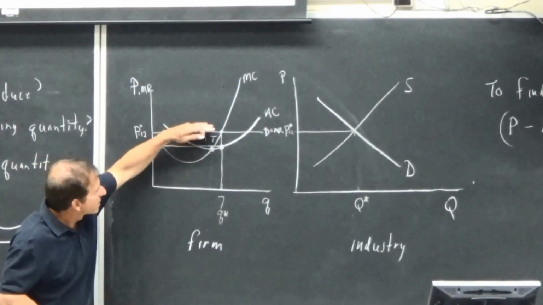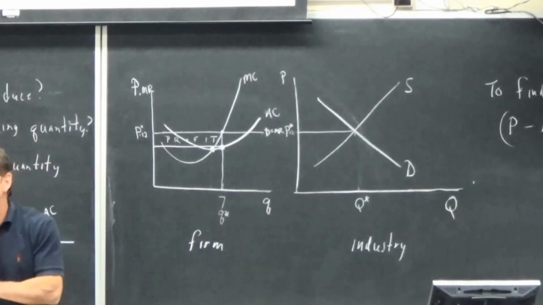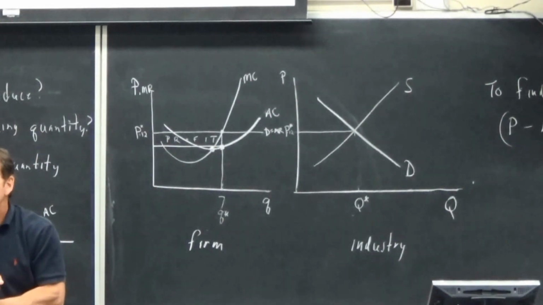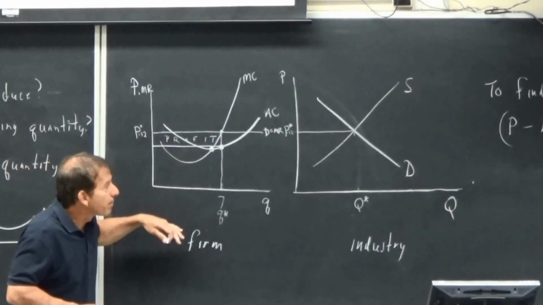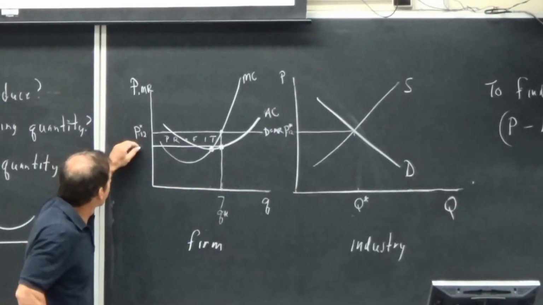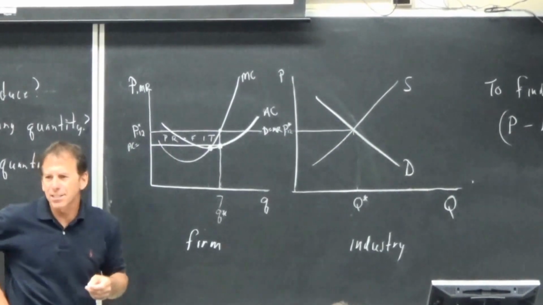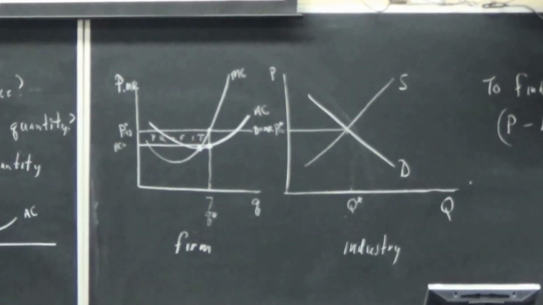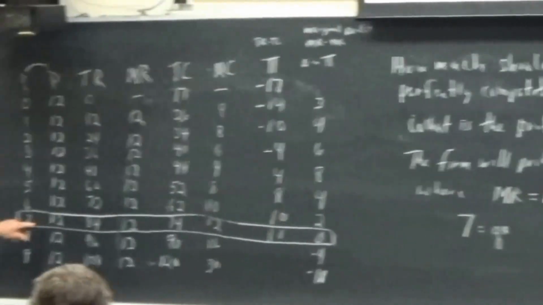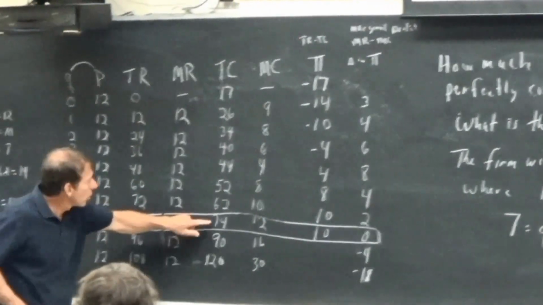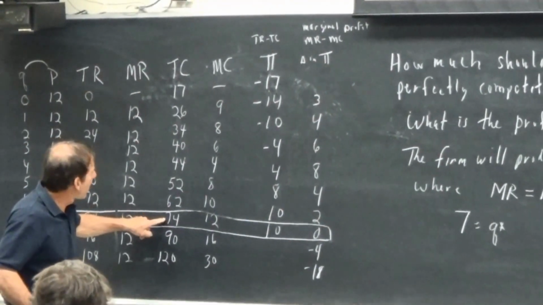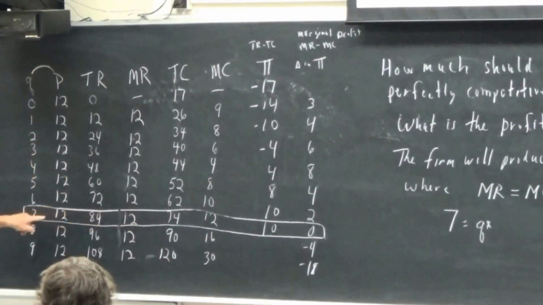So in this case, the company is making a profit. I can figure out the amount of profit because I can figure out what the average cost is. I'm just going to estimate and say it's about 10, because really what it is specifically is I take the total cost and divide it by the quantity.